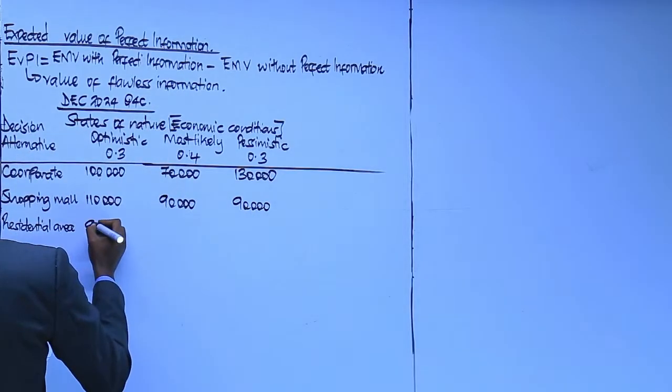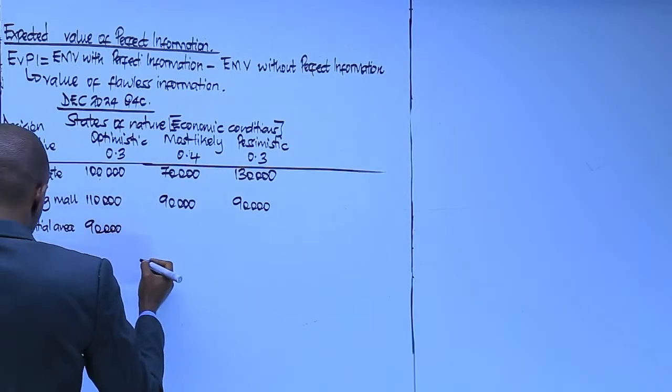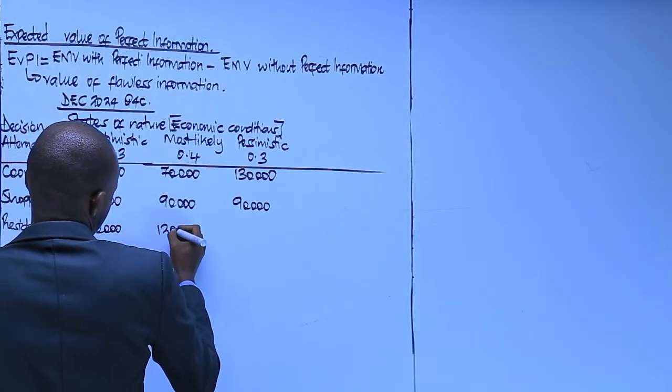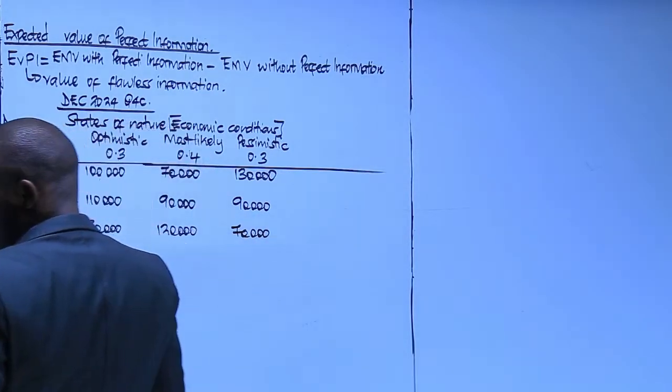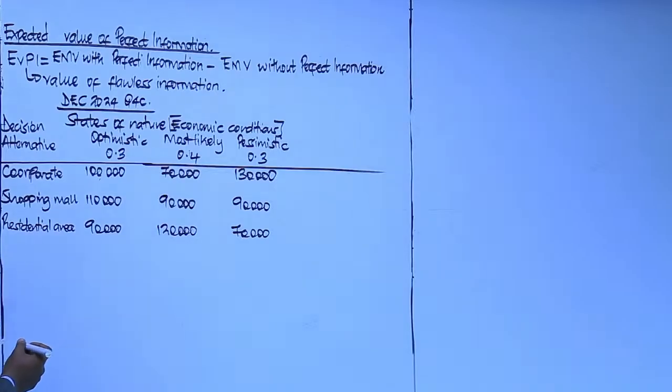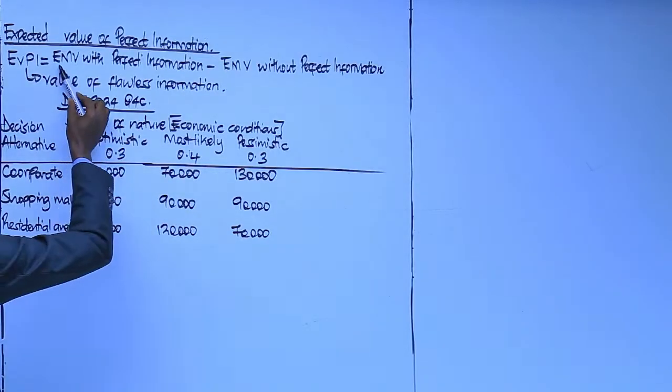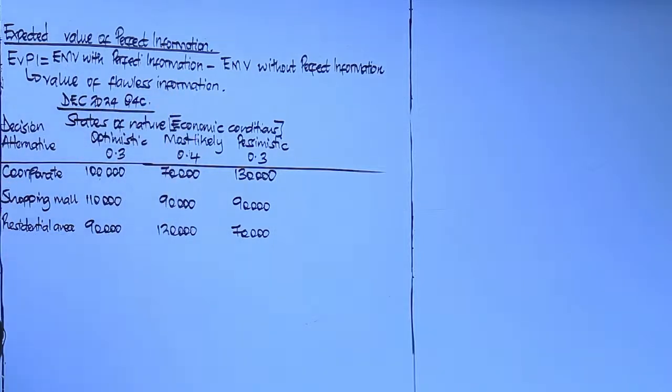Residential: 90,000 is your payoff, 120,000 and 70,000. Now that we have drawn our payoff table, let's determine our expected monetary value with perfect information.